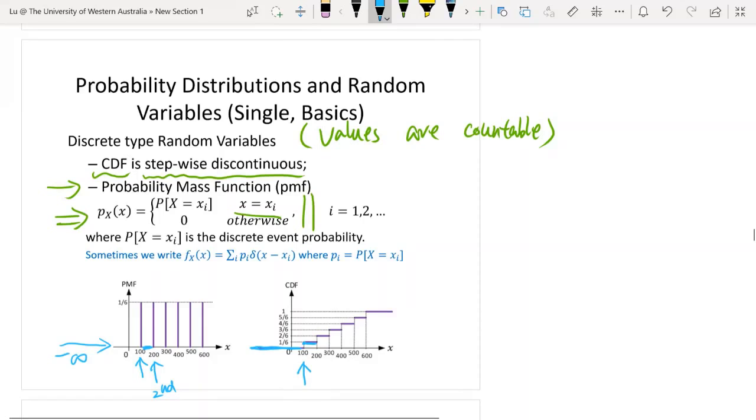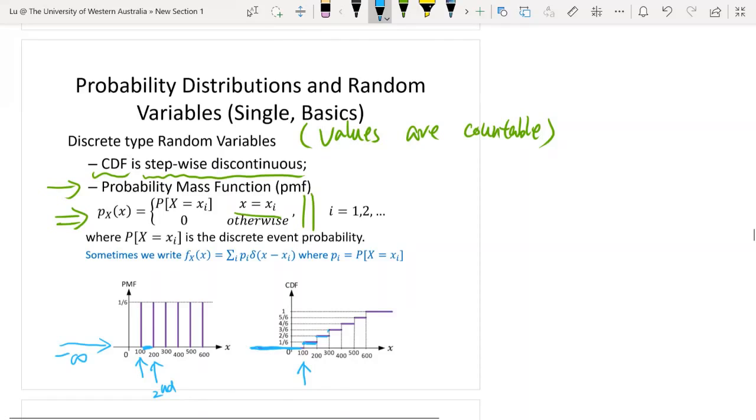So the level is suddenly changed to 2/6 when x equals 200. And then again, it remains the same for a small interval before reaching 300. After reaching 300, one more 1/6 is added on top. So the CDF curve suddenly changed to 3/6.